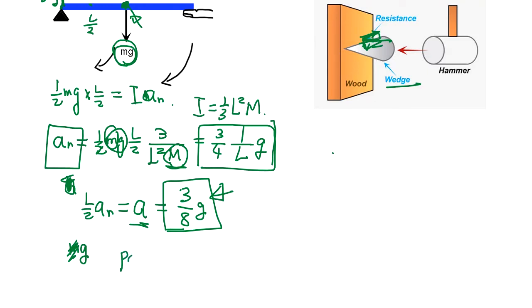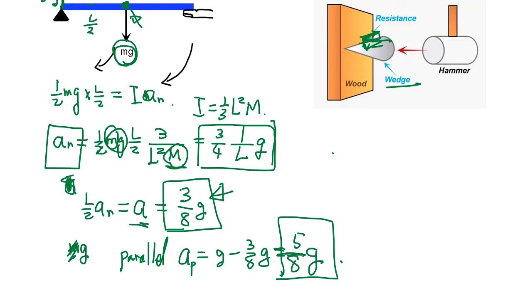So the parallel motion's acceleration is going to be actually G minus 5/8 G. Okay, so the moment you remove the finger, the center of gravity starts making a move by this acceleration, and the angular rotation acceleration is going to be this value.